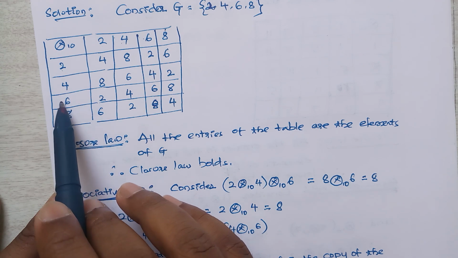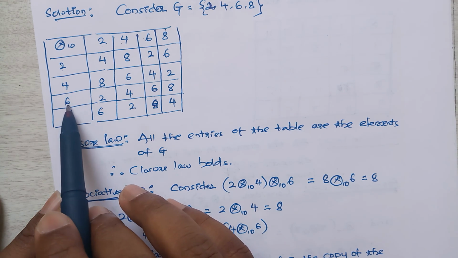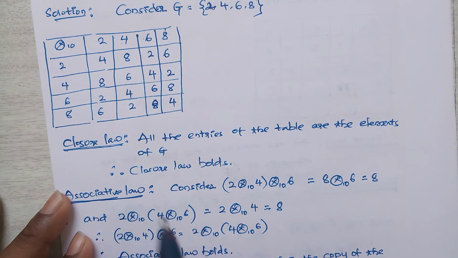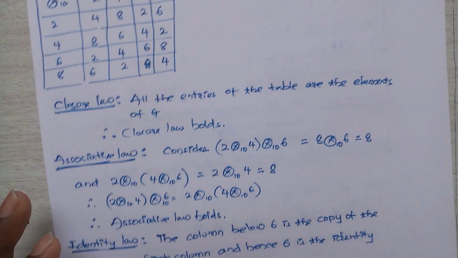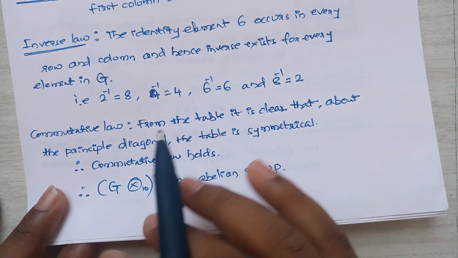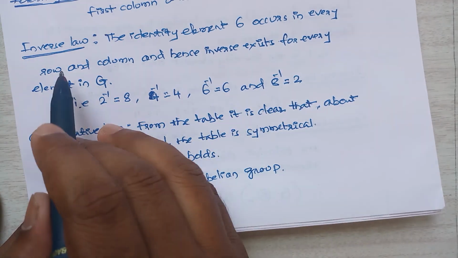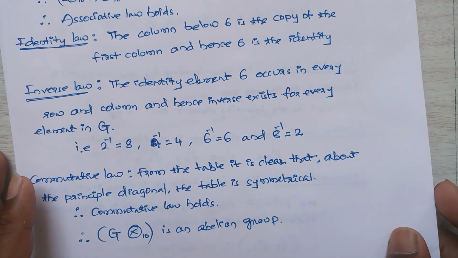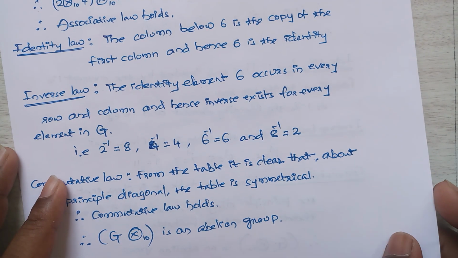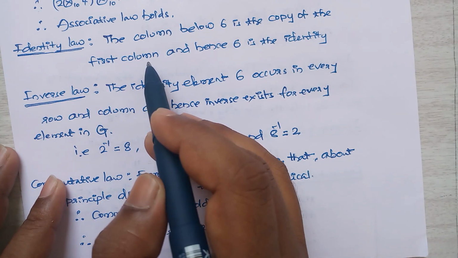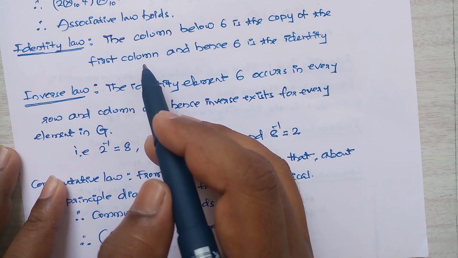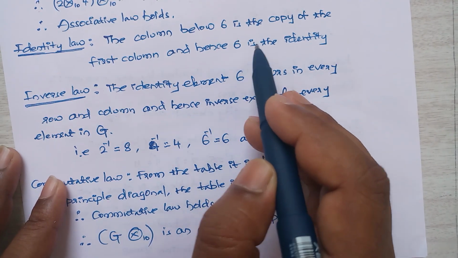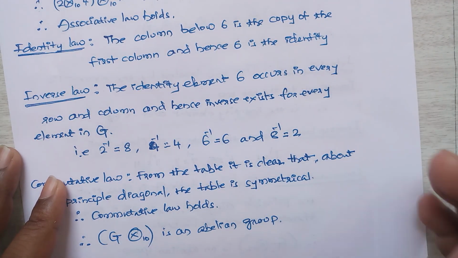So here the identity element acts as 6. Okay, so 6 is the identity element. The identity element 6 occurs in every row, and the column below 6 is a copy of the first column, and hence 6 is the identity element.